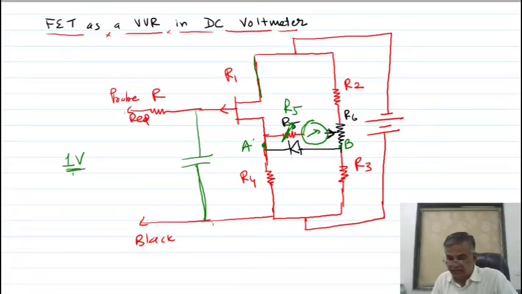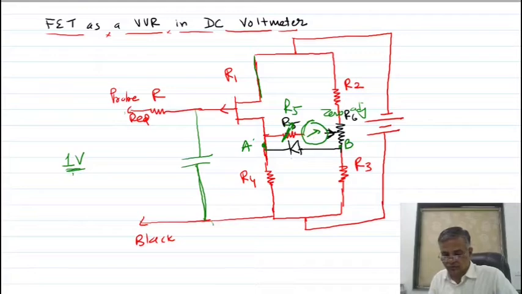Now this meter is ready to measure the voltage between 0 to 1. When it is 0, it shows the 0. When it is 1 volt, it shows the 1. In this way you can calibrate. This is for 0 adjustment, and this is for calibrating 1 volt.